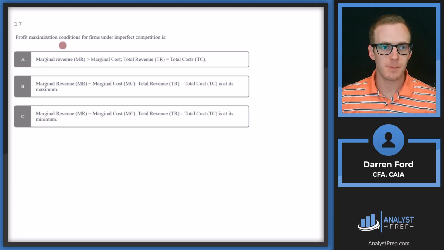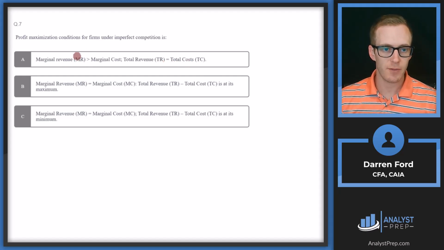Answer B. Profit maximization conditions for firms under imperfect competition is: is it A, marginal revenue greater than marginal cost, and total revenue equals total costs? So under these conditions, if our marginal revenue is greater than marginal cost, we are by definition not maximizing profits.